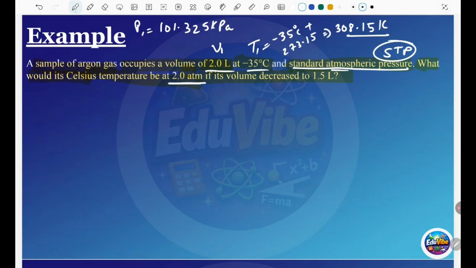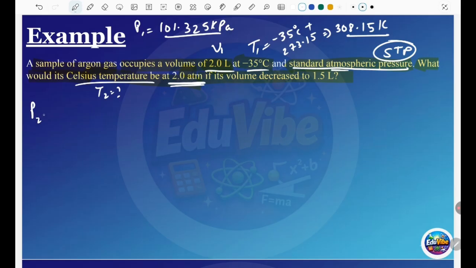P2, we have to find the Celsius temperature. We have to find the T2 in this. And the second pressure is 2.0 atm. That 2.0 atm should be converted into kPa because this should be in kPa. Or you can convert kPa into atm, but it is easy to convert this.